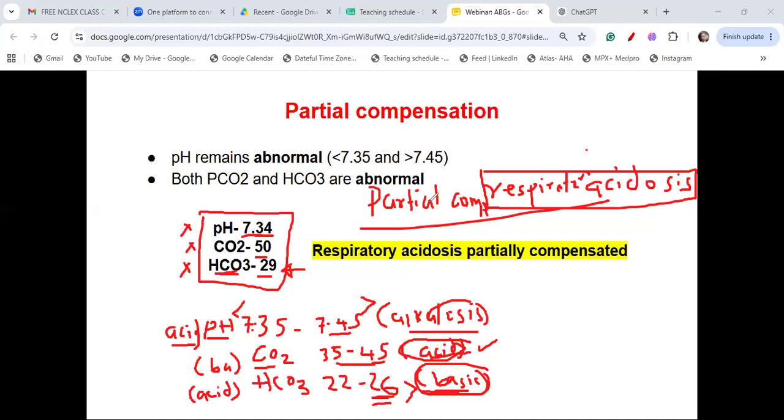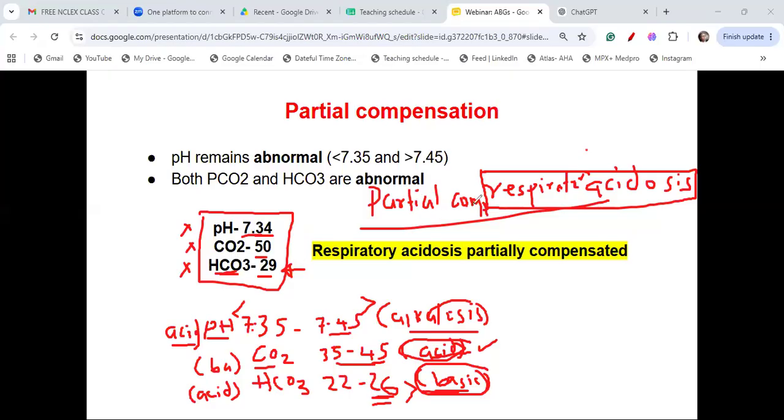Good. So this aspect of compensation, I've said, the moment you have analyzed your ABG, now you want to introduce a bit of compensation. You look at the parameters, if all of them are abnormal, that means your pH is abnormal, your CO2 is abnormal, your bicarbonates are abnormal.